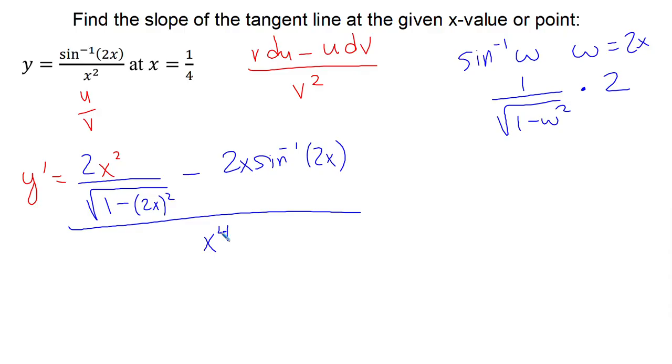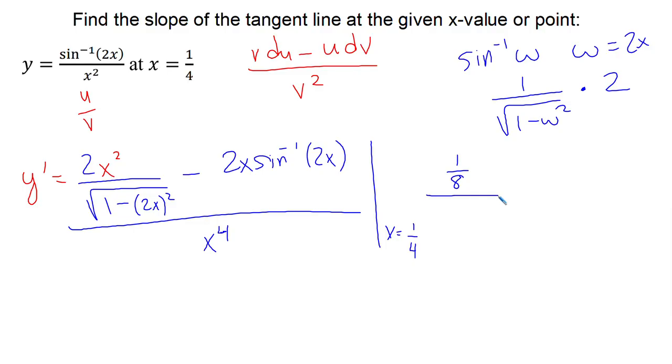Then we want to evaluate this at x equals 1/4. So let's plug all of this in to our derivative and see if we can simplify it down. So if we plug in 1/4, we have 2 times 1/4 squared first, and 1/4 squared is 1/16. So 2 times 1/16 would be 2/16, or 1/8. So we have 1/8, and then that's divided by the square root of 1 minus 2x squared.